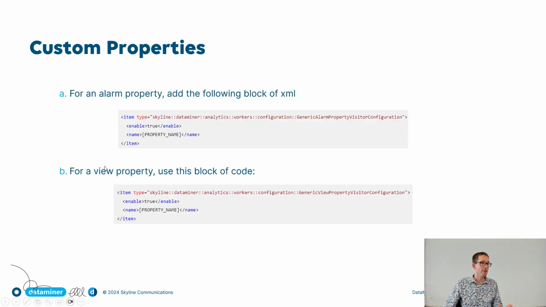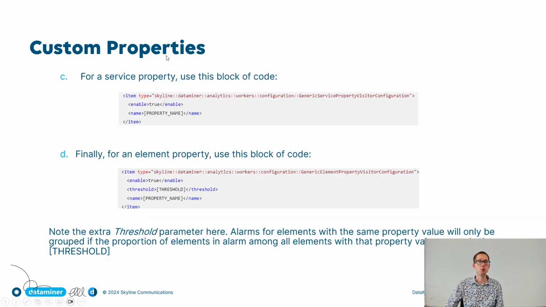Similarly, you can group on a view property by using this kind of code. The only difference really is that instead of a generic alarm property visitor configuration, you have a generic view property visitor configuration. Similarly, if you want to group using a service property, you add this kind of code, where we're dealing with a generic service property visitor configuration. And here you just mention the name of the property that you want to use for grouping.